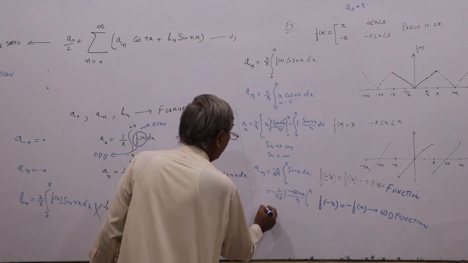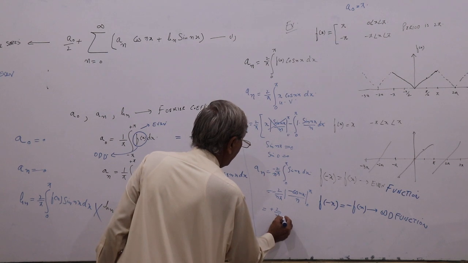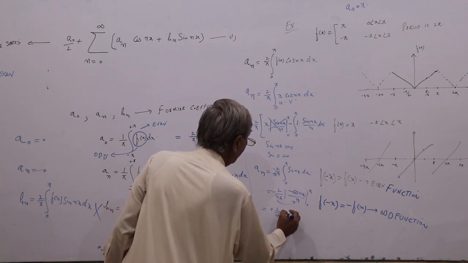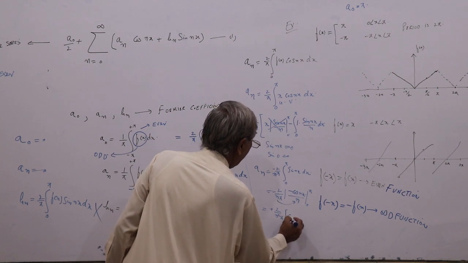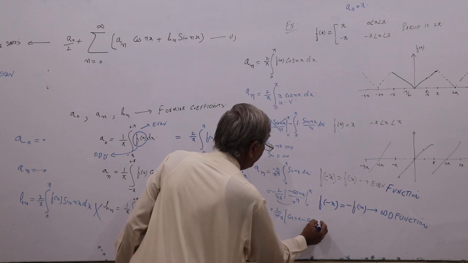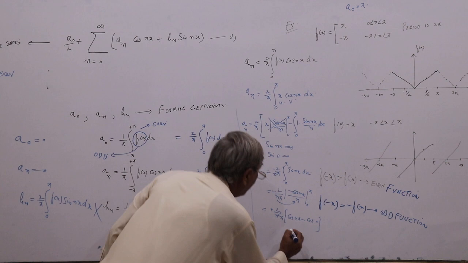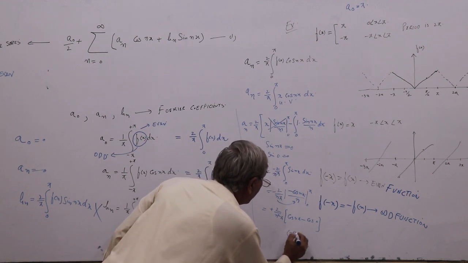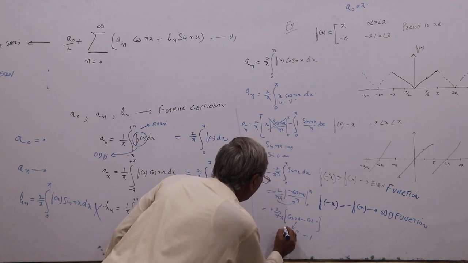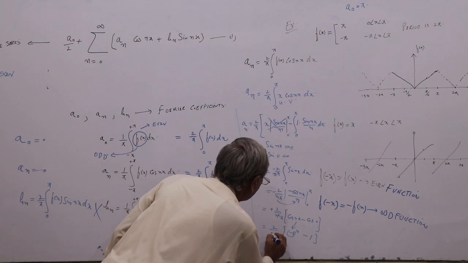Now minus minus becomes plus, 2 over n pi times n square pi, because this is n square, and that will give you cosine n pi minus cosine 0. Now, cosine n pi is minus 1 raised to the power n, and cosine 0 is 1, and that is equal to 2 over n square pi.